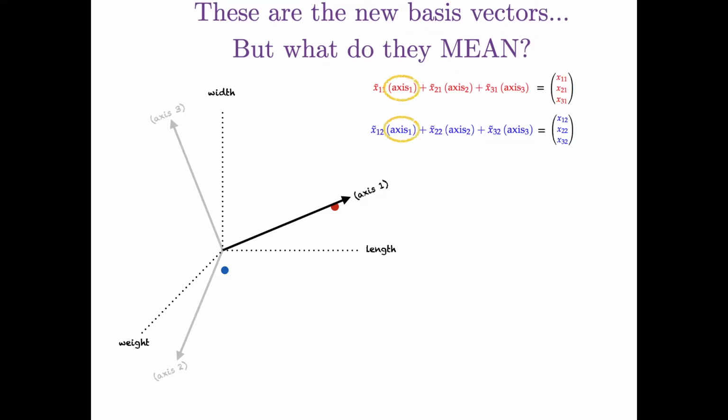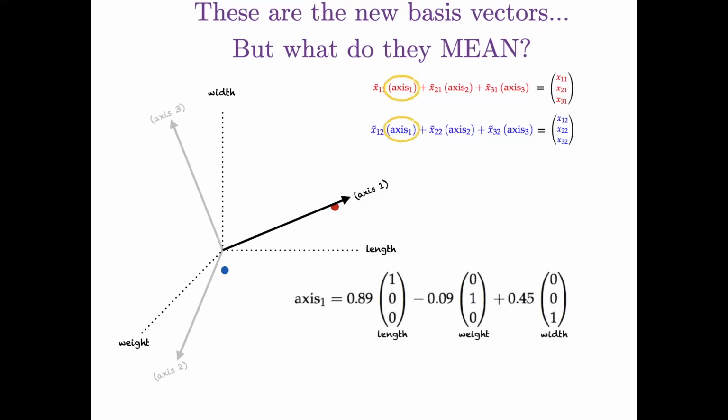So just looking at axis 1 here, I'm going to give you these numbers. I'll tell you these numbers came out of my head with a little help from a computer. These are not numbers that you would have to come up with on your own. They will always be given to you. The computer tells me this axis I picked is 0.89 times length minus 0.09 times weight.